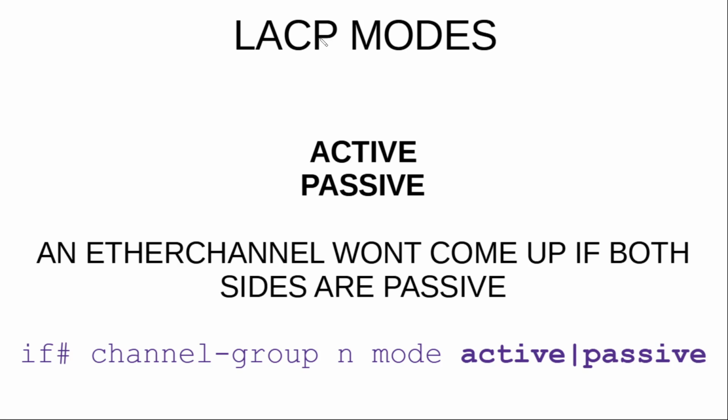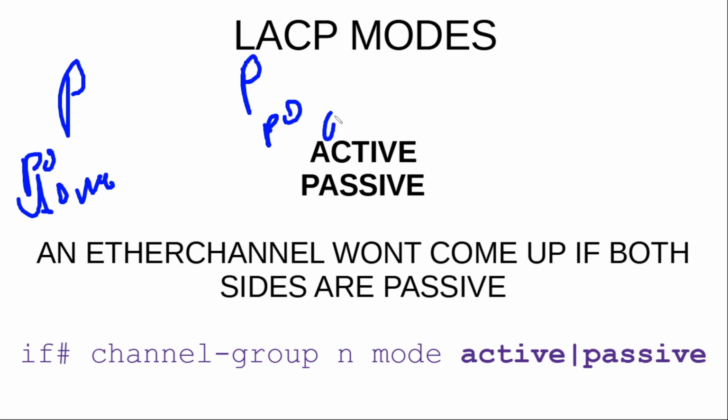In active mode, a device will always send LACP frames, in such a way that if you configure one device as passive and the other as passive, the port channel at both sides will be down. So you should use passive and active or active and active, so your port channel comes up.